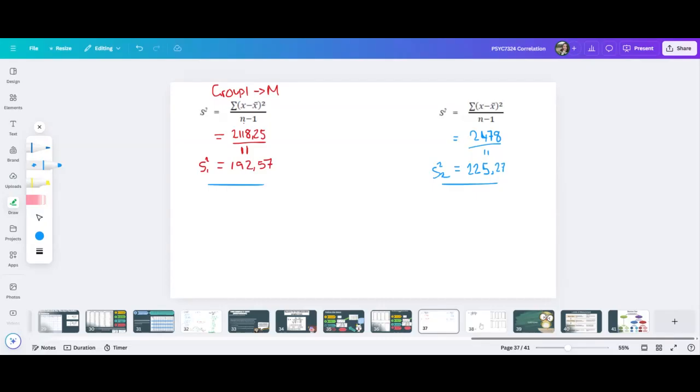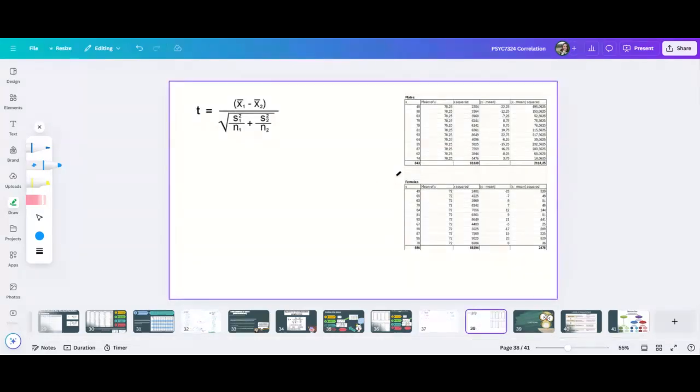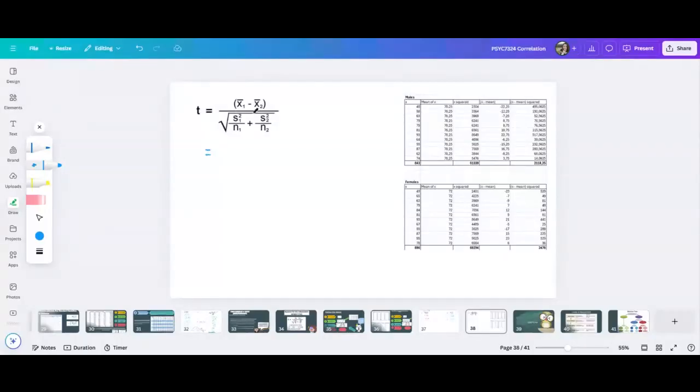Let's now do the t formula, because we have everything we need. Okay, so we had the mean for group 1 was 70.25, and then group 2's mean was 72. Okay, don't forget the square root.